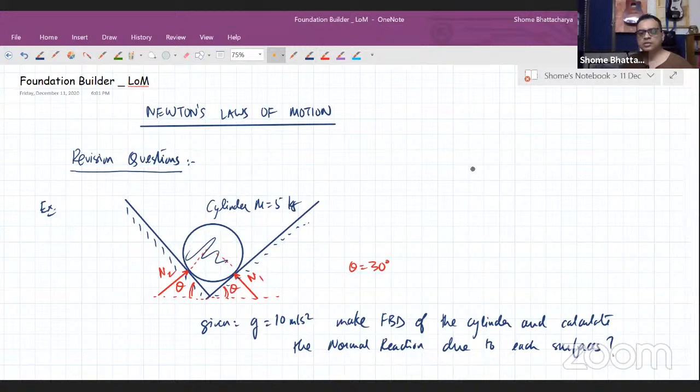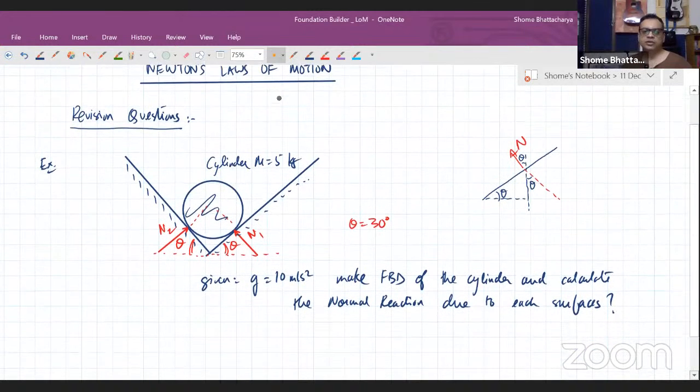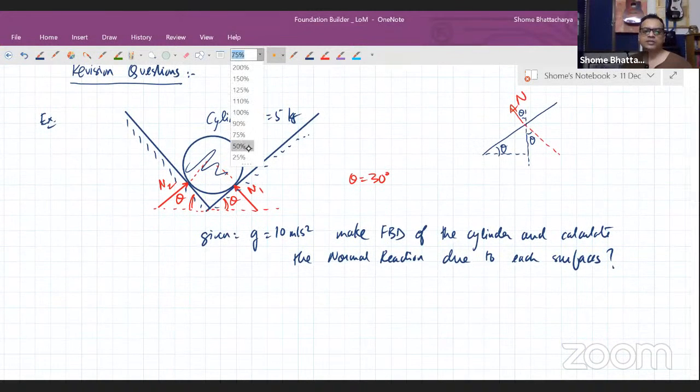Now as I told you, always remember that when normal reaction acts with respect to an inclined plane, the direction of normal reaction is such that it always makes the same angle with the vertical as the inclined plane makes with the horizontal. So when you make the free body diagram, all you have to do is be mindful of that fact.